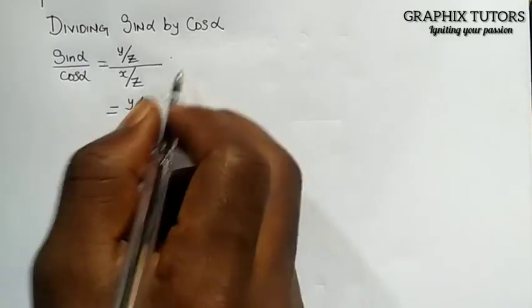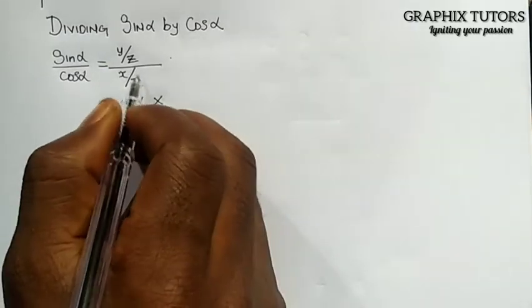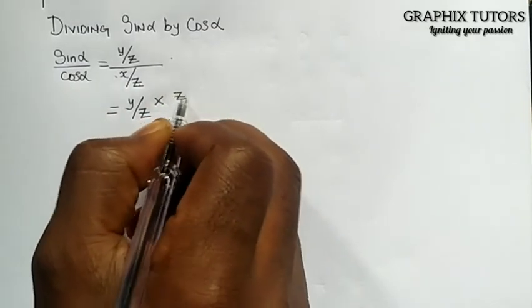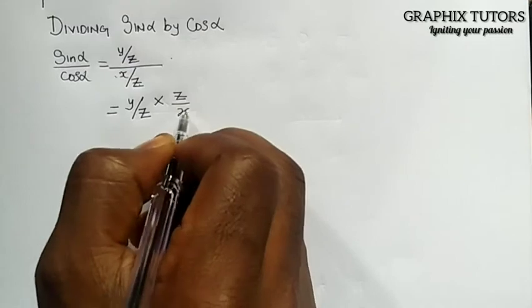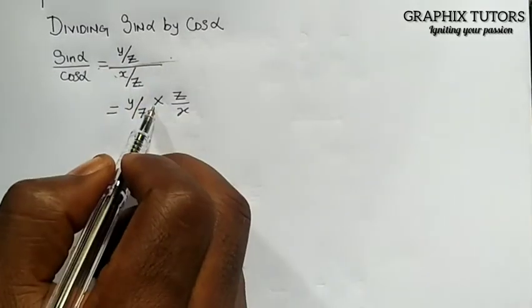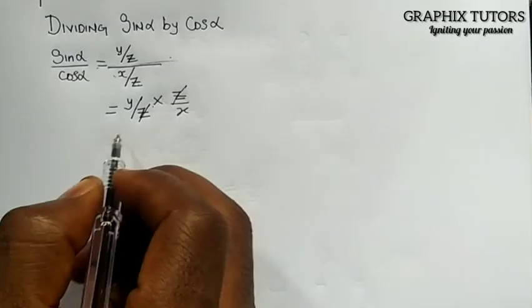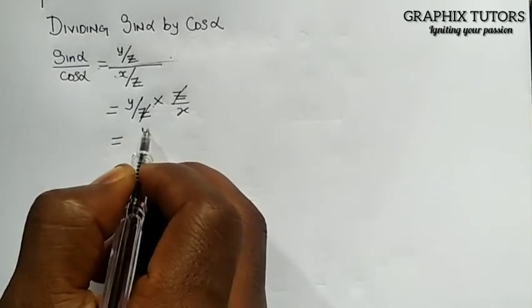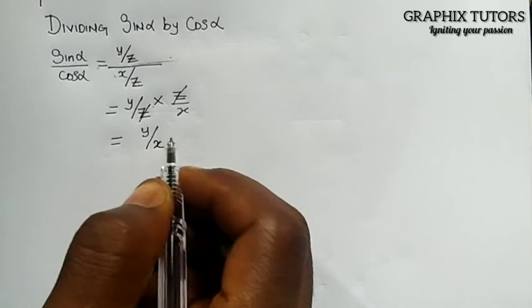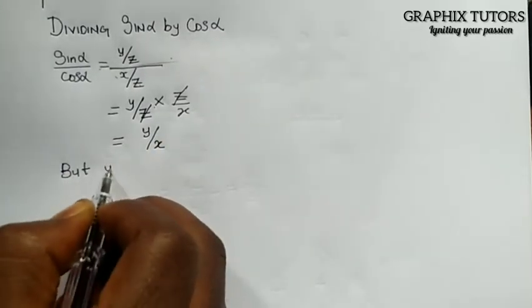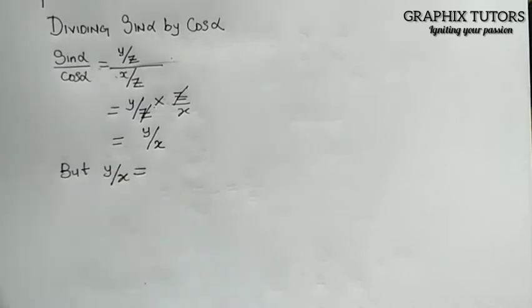If I change the division to multiplication, this z will come up to x and x will come back down. So we're having z all over x, because I have changed this division to multiplication. Now if you look at this, z will cancel z, and we're going to be left with y all over x. But y over x is equal to what?